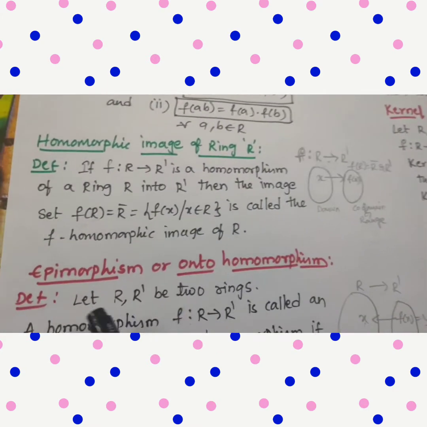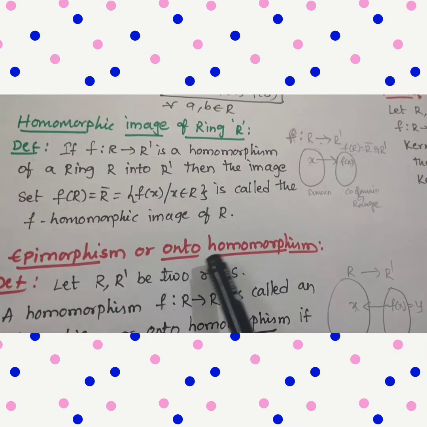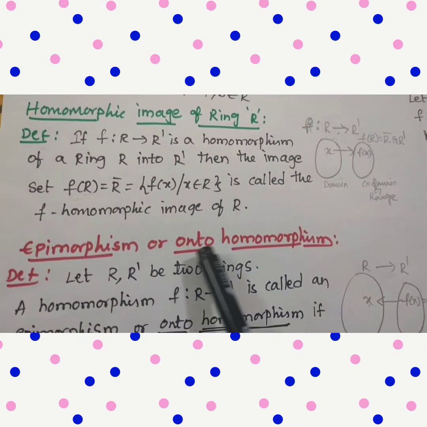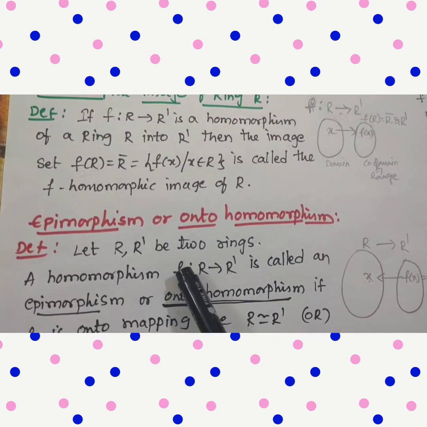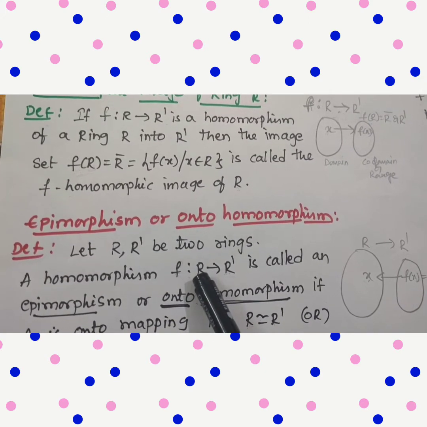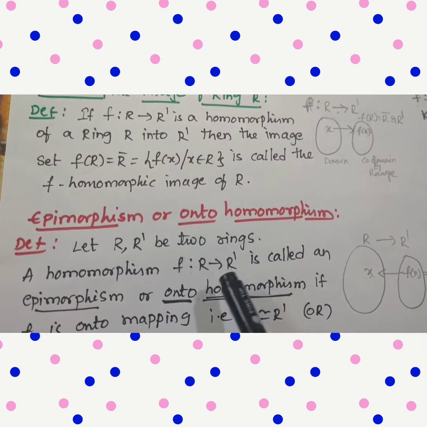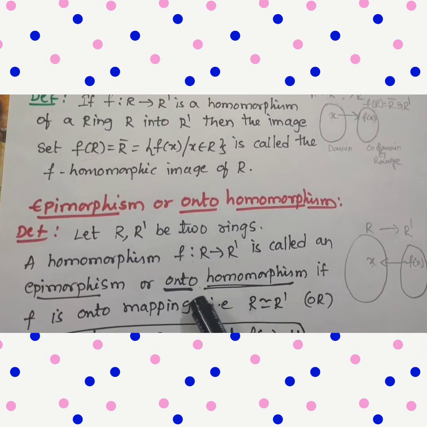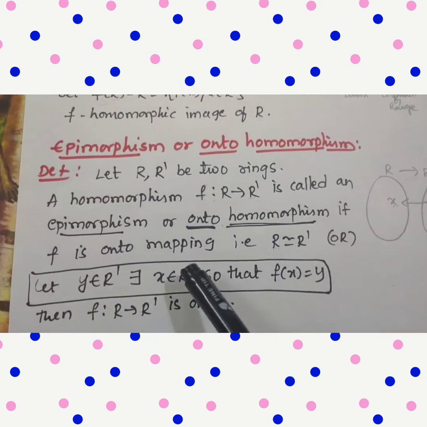Next, what is epimorphism, which is also called onto homomorphism? Here also we are taking a function f, a mapping defined from R to R dash, where R and R dash are two rings. This mapping is said to be an onto homomorphism when it satisfies this condition.